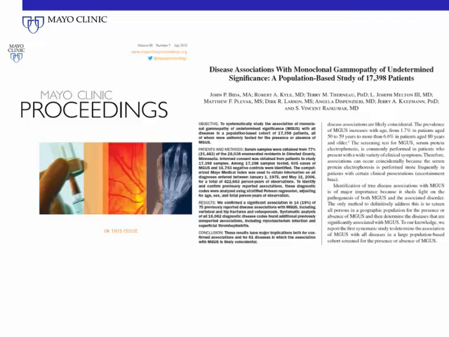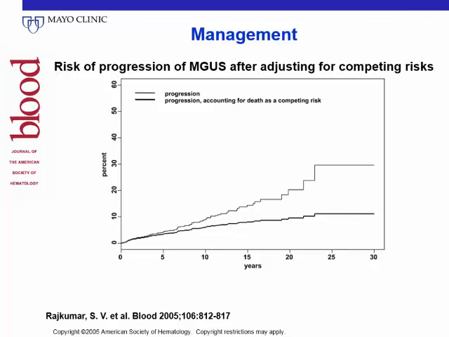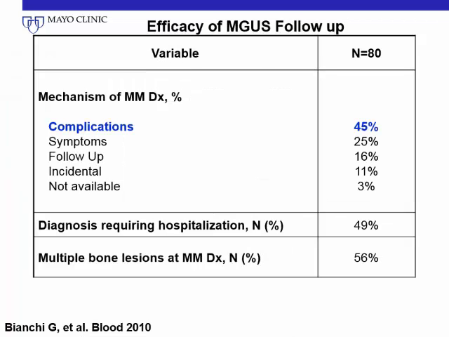And so many reported associations are actually false, and only a few of them are real. One other point that we try to make to people is the risk of progression is much lower than the actual risk of dying from other causes, so that when these patients with MGUS come for follow-up, we emphasize that they need to be followed for regular things like anyone else.